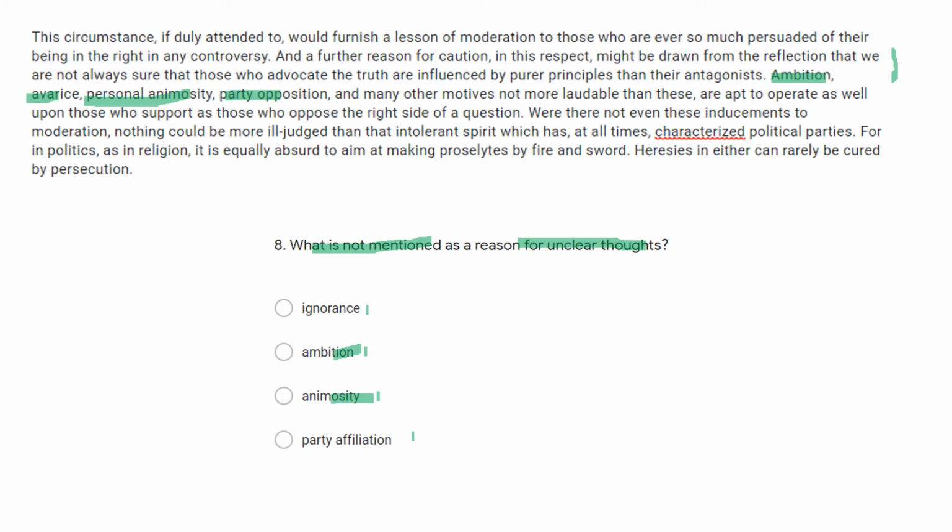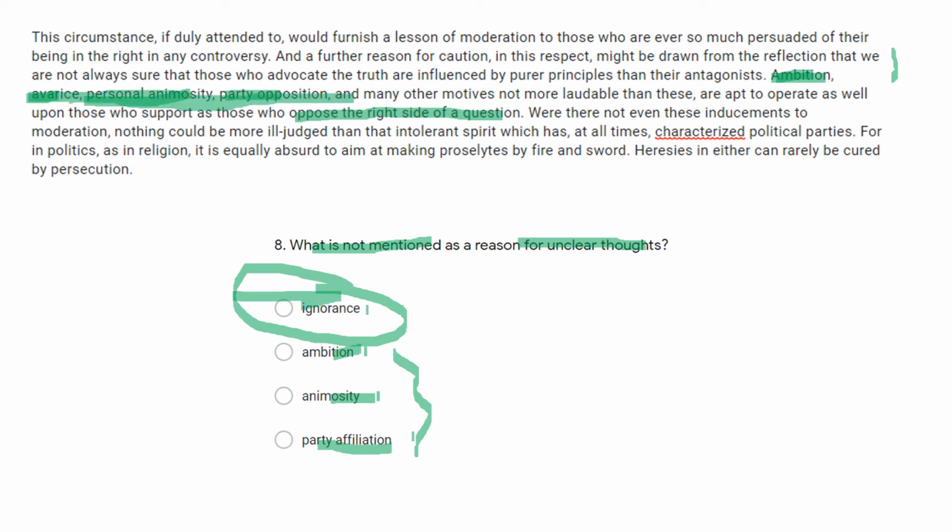So we have animosity, we have party affiliation, and many other motives may be more laudable, okay, but they would oppose the right side of the question. Ignorance is not mentioned in this list. The other three are clearly in this sentence and they are linked together. The one that is not there is ignorance. So the correct answer is ignorance.